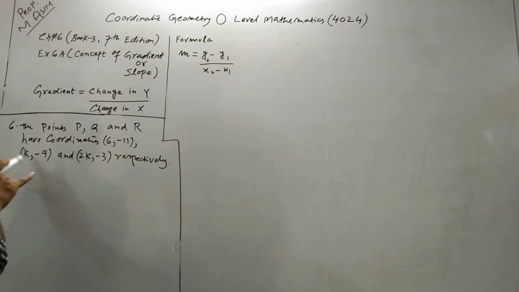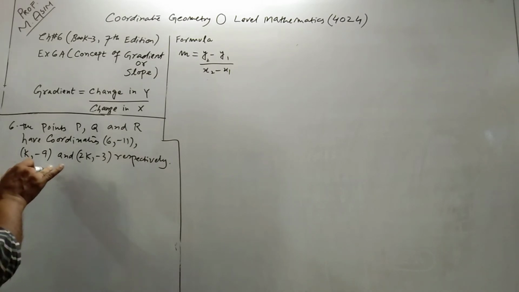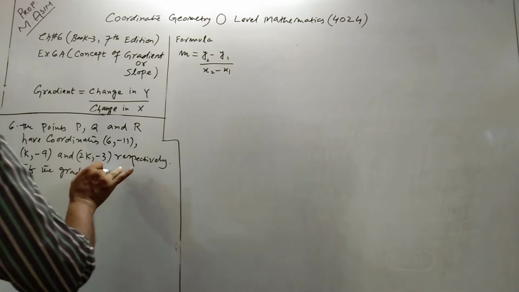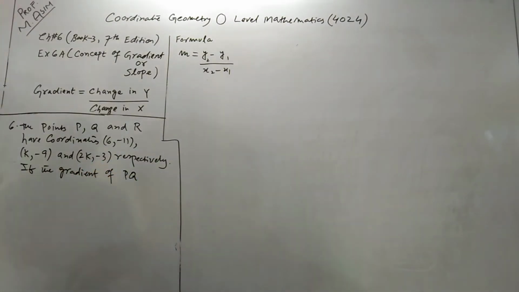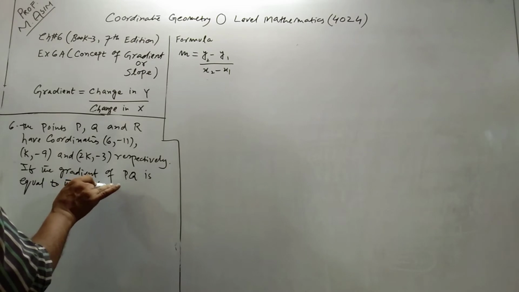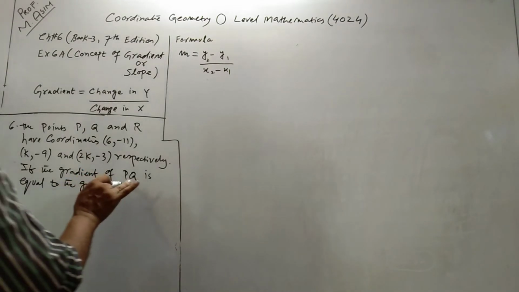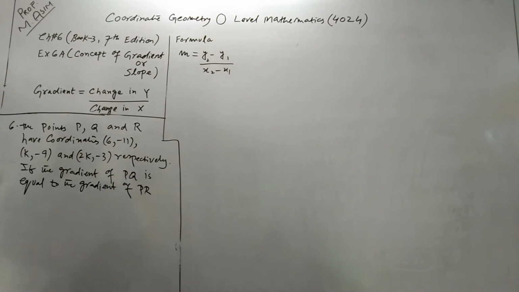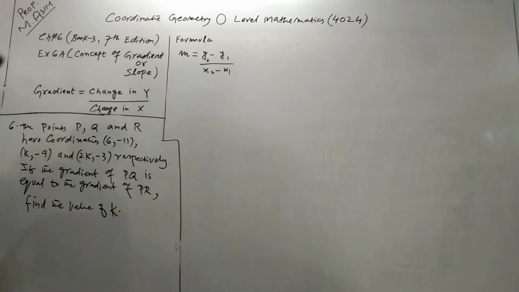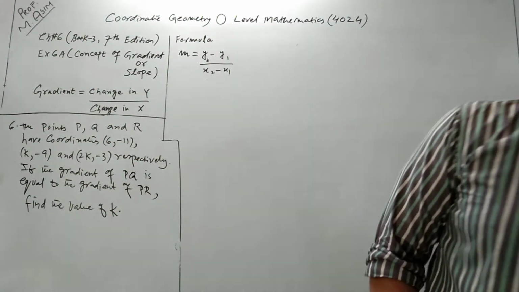If the gradient of PQ is equal to the gradient of PR, find the value of K. This is question number 6 of exercise 6A.